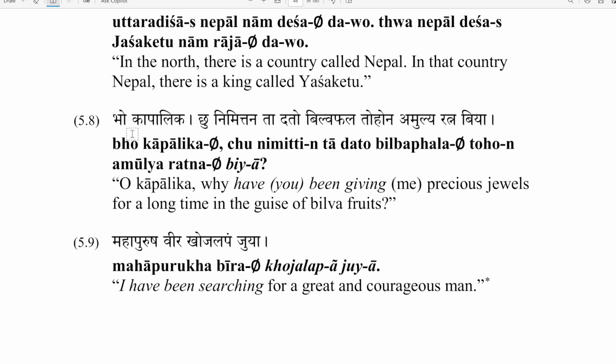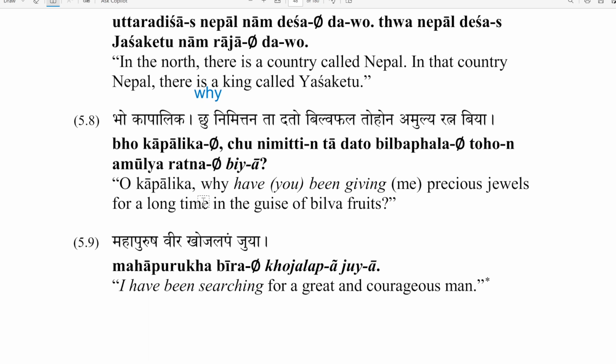The second one: Bho gabaliga chunimidana dadado bilvapala dohona amulia redanabia. Bho is an interjection, Gabaliga is the ascetic, and chu is the interrogative. So why? What's the difference between chu and chana?